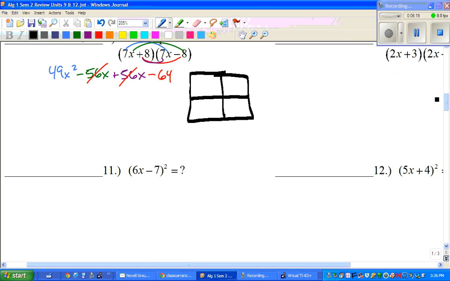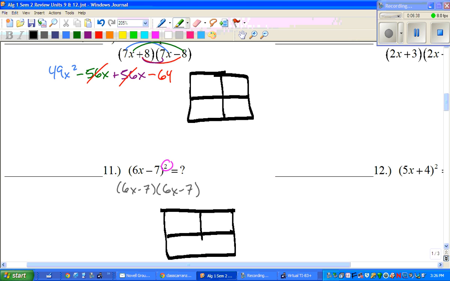Now, number 11, 6x minus 7 squared. Remember that that tells us how many of the bases we have. So that's 6x minus 7 times 6x minus 7. Okay? And now, you can FOIL or use the box. Since I FOILed the last one, I'll do box method here.